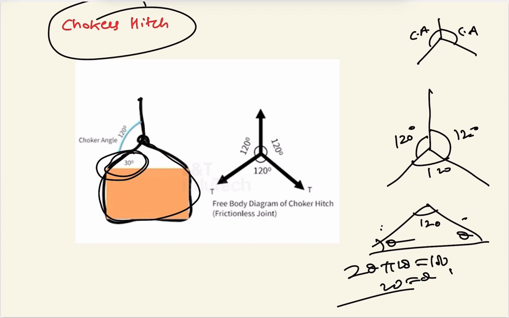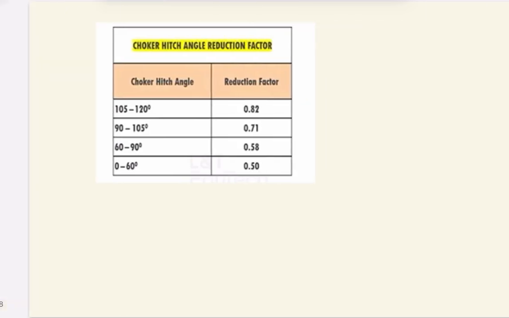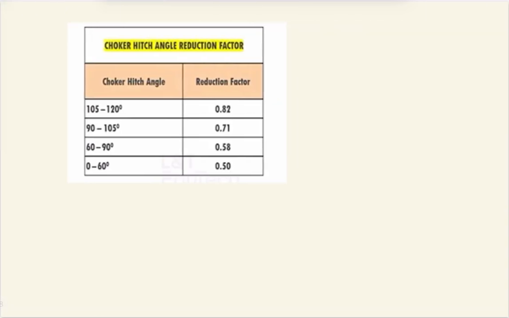Okay, this is the free body diagram. Here basically there is some slippage due to friction. In practice it is not like this, there are some changes. So there is a choker angle. Apart from the angle, you have to use the choker angle reduction factor, that is for the choker hitch angle. If it is between 105 to 120 degree, then the reduction factor is 0.82.